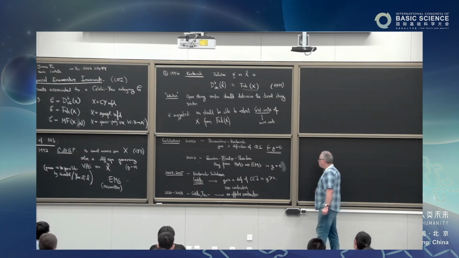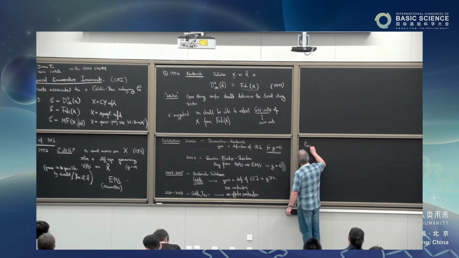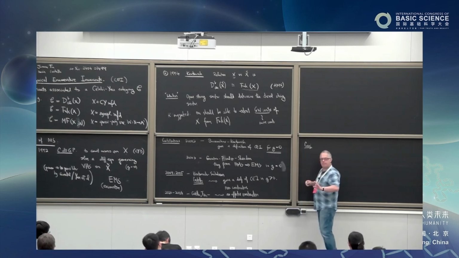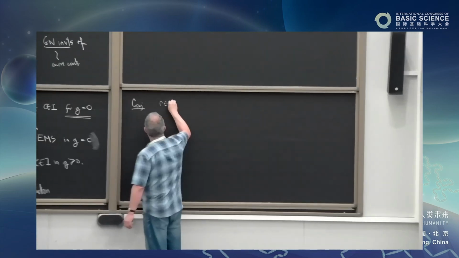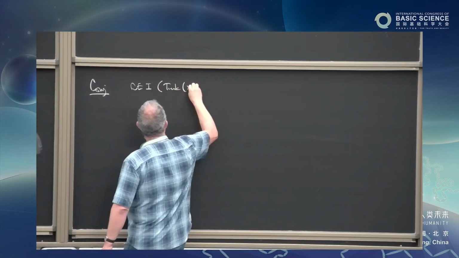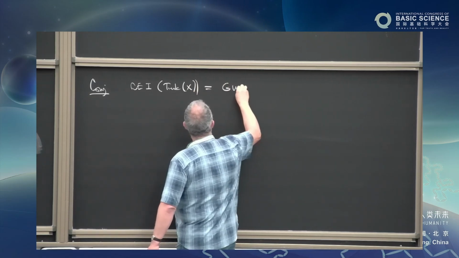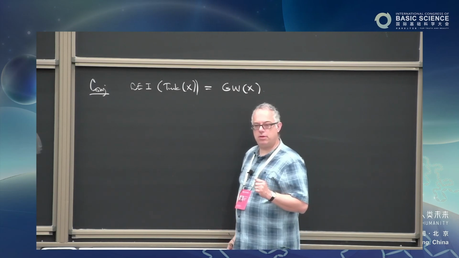No. So there is a big conjecture. I'm going to state it schematically, but the conjecture should be that the CEI theory applied to the Fukaya category of X should be Gromov-Witten invariants of X. This is what you're asking.